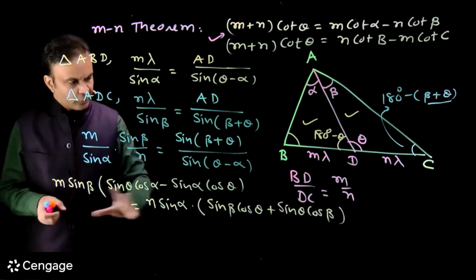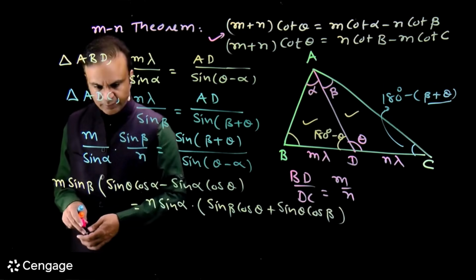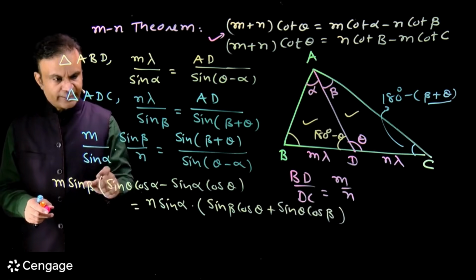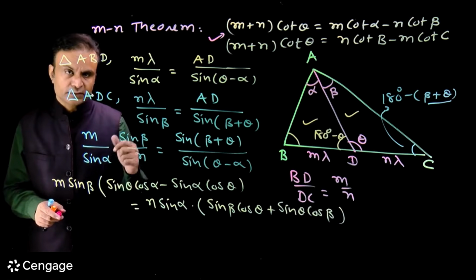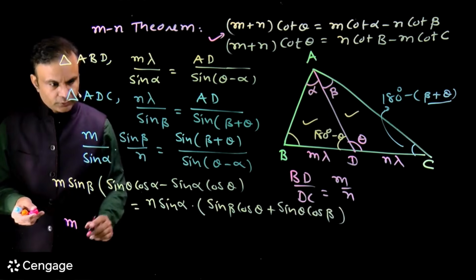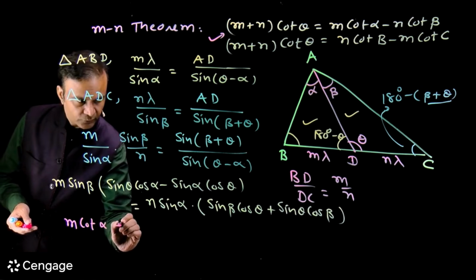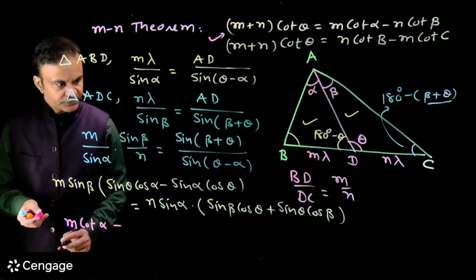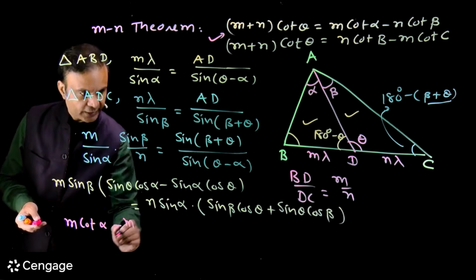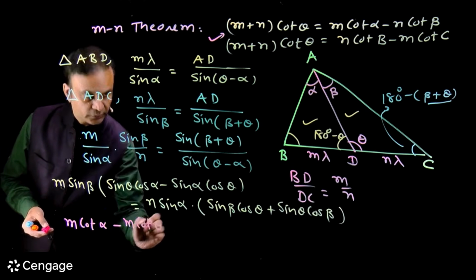Okay, now on both sides we divide by sine theta, sine alpha, sine beta. So we get m multiplied by cot alpha, minus m multiplied by cot theta.